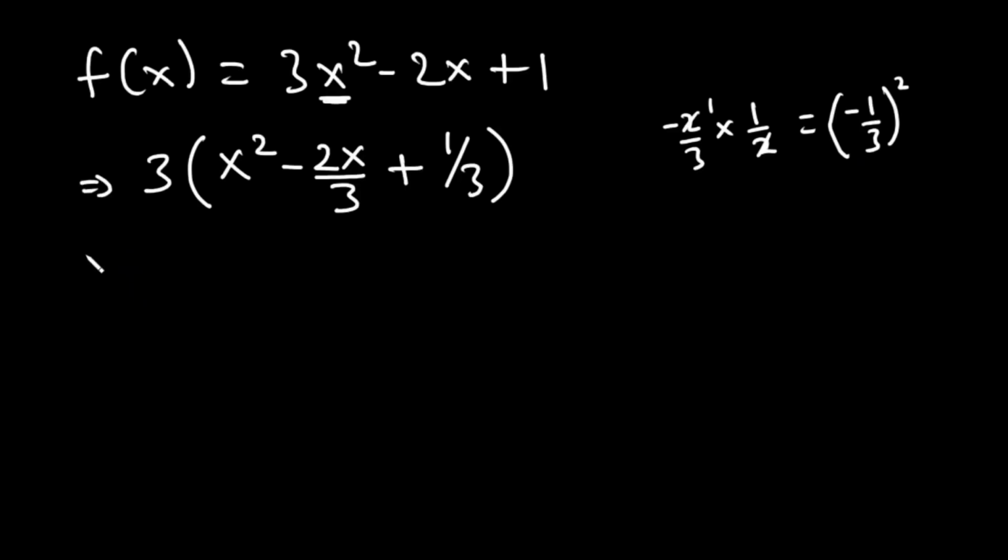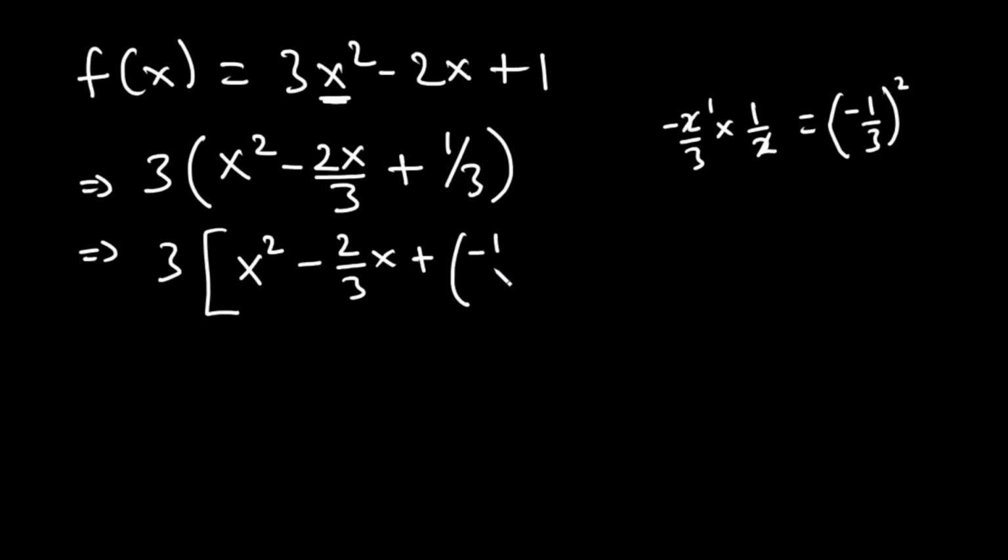So it's going to be 3 into bracket x squared minus 2/3x plus -1/3 squared minus -1/3 squared plus 1/3.